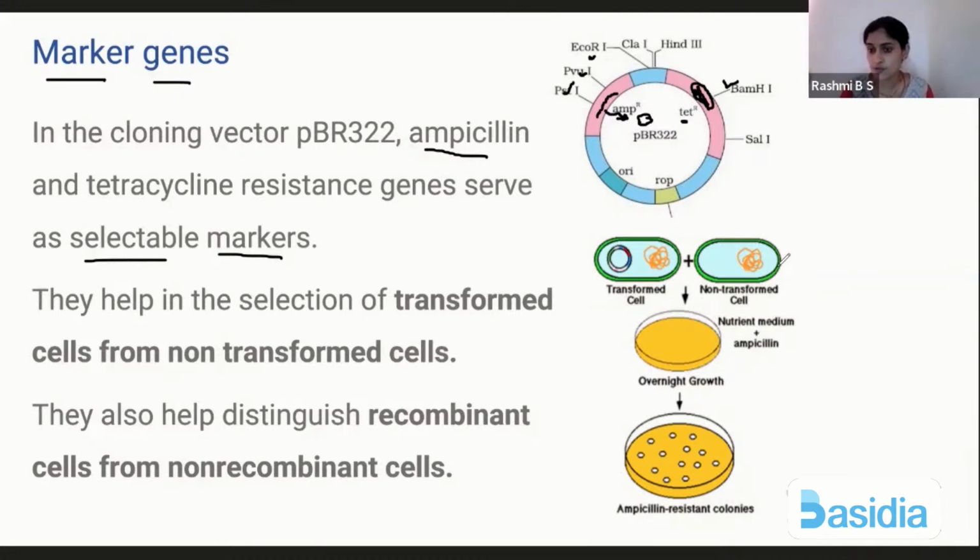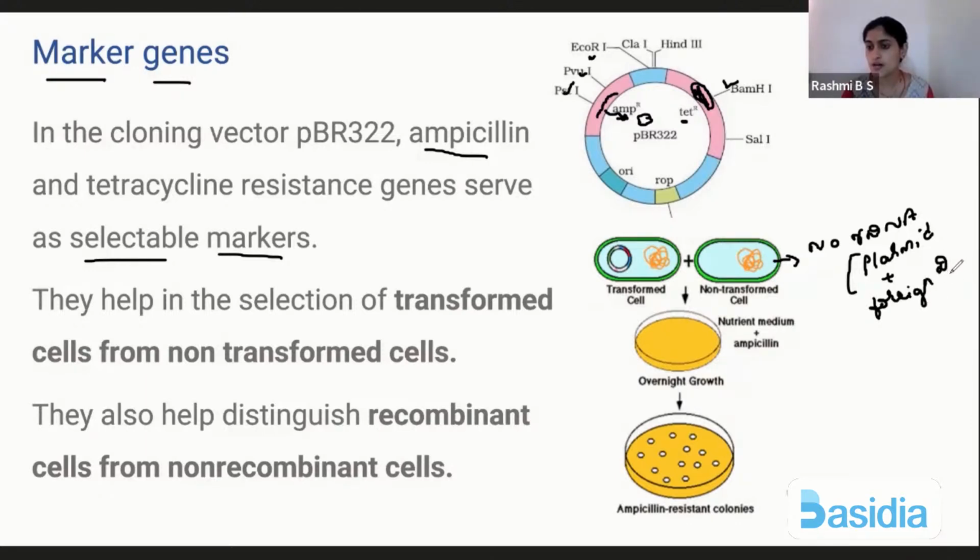This is a non-transformed cell. Why is it called non-transformed? Because there is no rDNA. No rDNA means there is no plasmid and there is no foreign DNA.